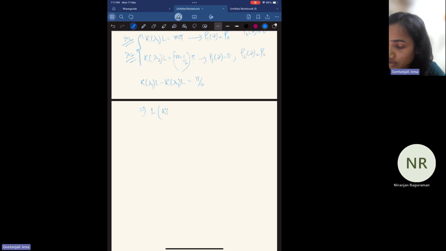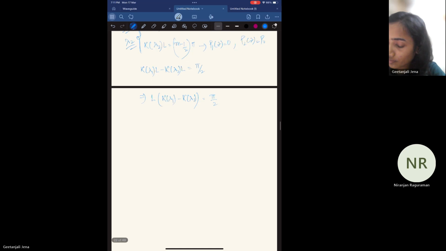This is K lambda 1 minus K lambda 2, this is pi by 2. So we have L as pi by 2 times (K lambda 1 minus K lambda 2).